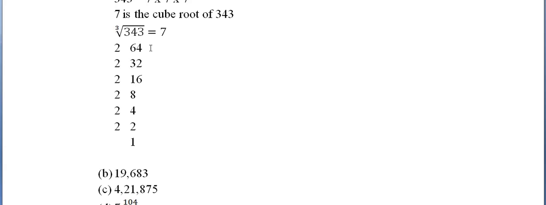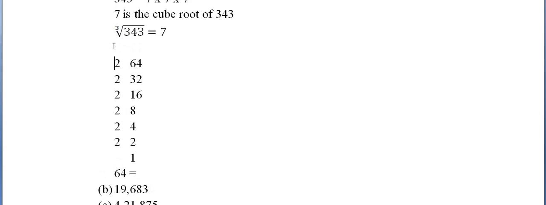So 64 equals, let me just write out here, 2 into 2 into 2 into 2 into 2 into 2. There are 6 twos out here.